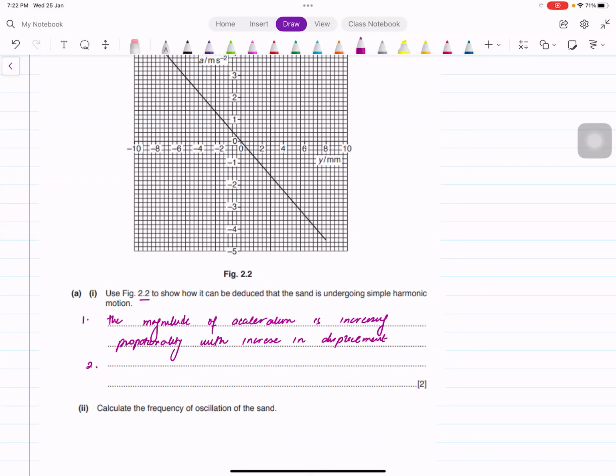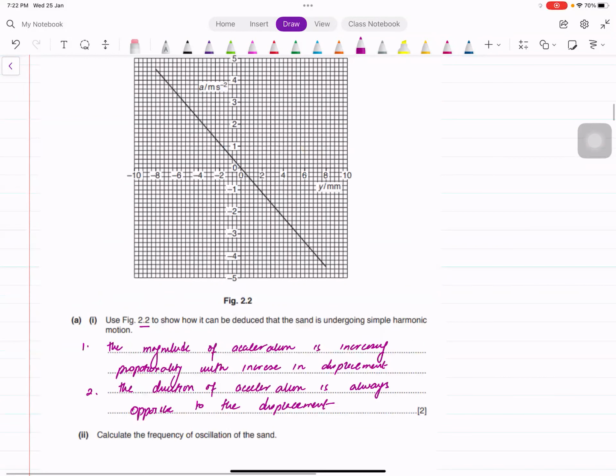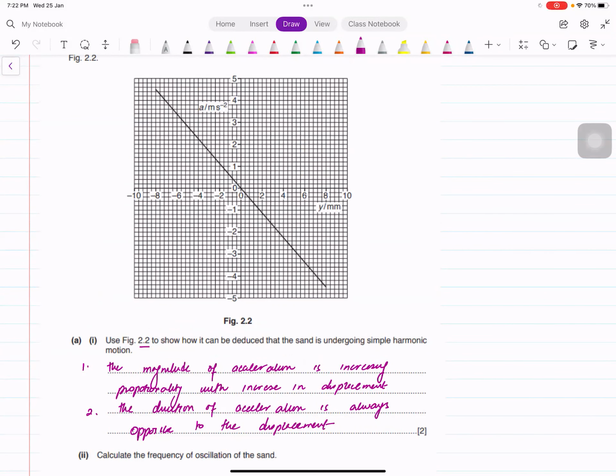And the other thing for the other mark is that the direction of acceleration is always opposite to the displacement. Why do I say this? Because like I explained to you, when this is positive, this has to be negative. Does everybody understand this? Please let me know.